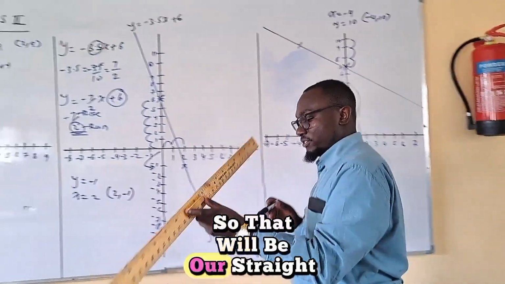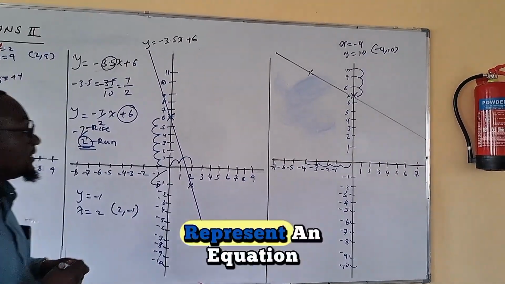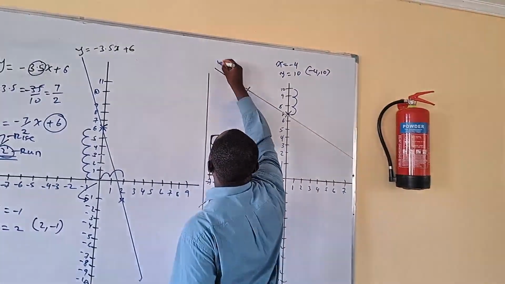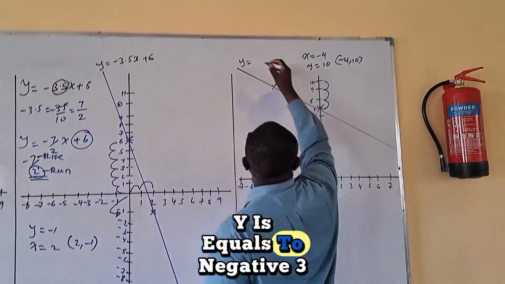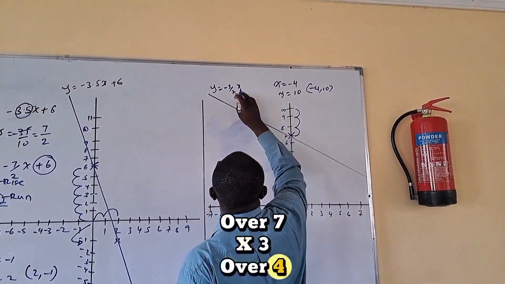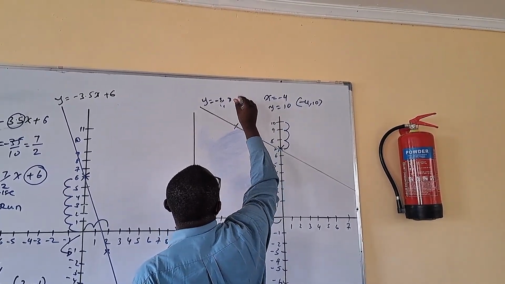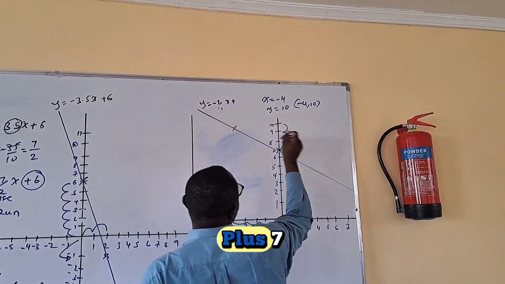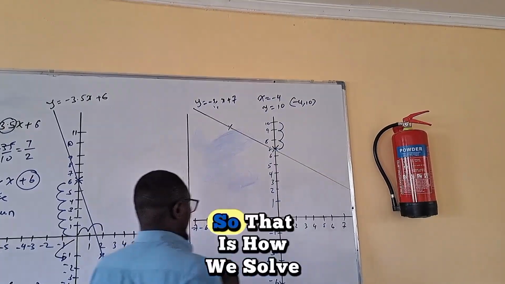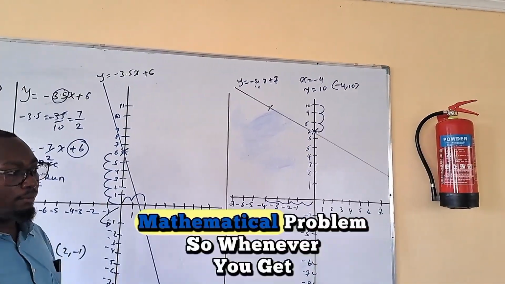So that will be our straight line. And this particular straight line will represent the equation y is equal to -3/4x plus 7.